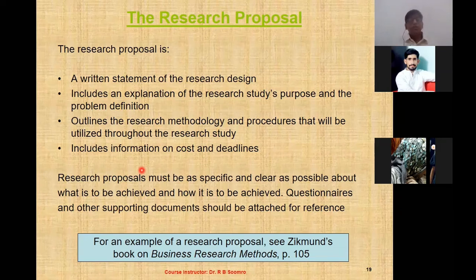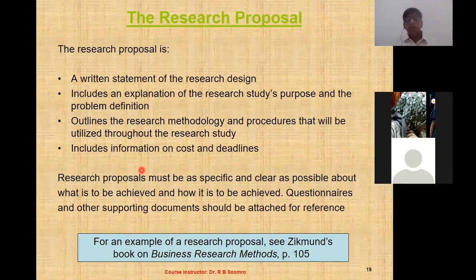A research proposal can be oral or written, but most of the time it is written, and includes an explanation of the research study's purpose and the problem definition. What you are doing in the research proposal is defining the problem, what is actually the problem which you want to research, to investigate, as well as what your purposes are, and then outlining the research methodology.